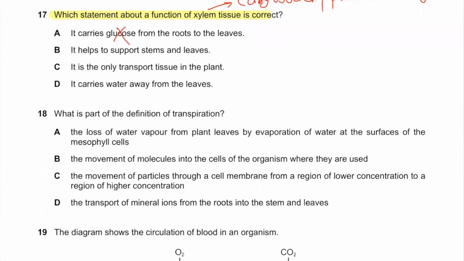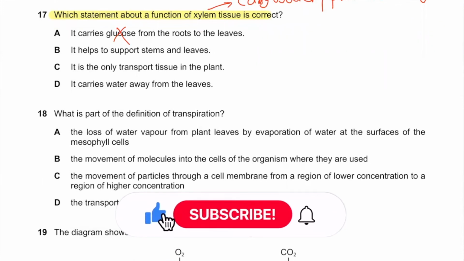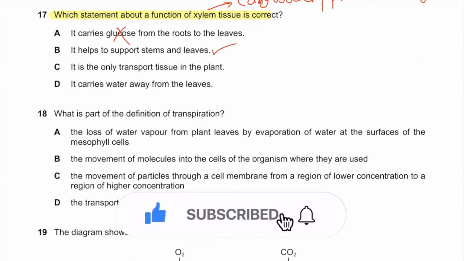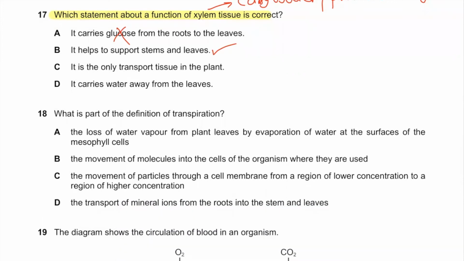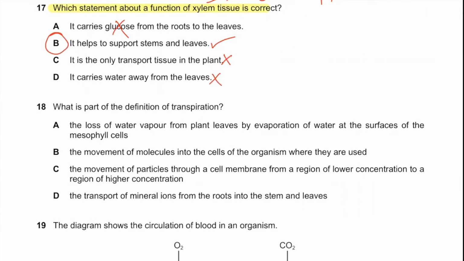No, it doesn't. It helps to support stems and leaves. Yes, we already said that it provides strength, so it helps support. It is the only transport tissue in the plant. No, plants also have phloem. It carries water away from the leaves. It carries water towards the leaves, so that's the wrong statement. 17B will be the correct answer, guys.